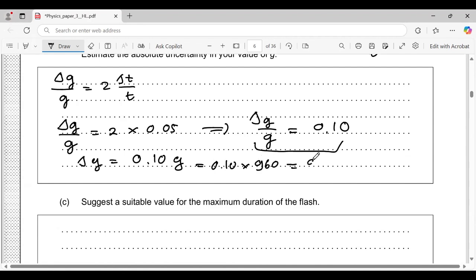So it's going to be 96 centimeters second power minus 2. So the value of g with its uncertainty is 960 plus minus 96 centimeters per second squared, from the delta g.